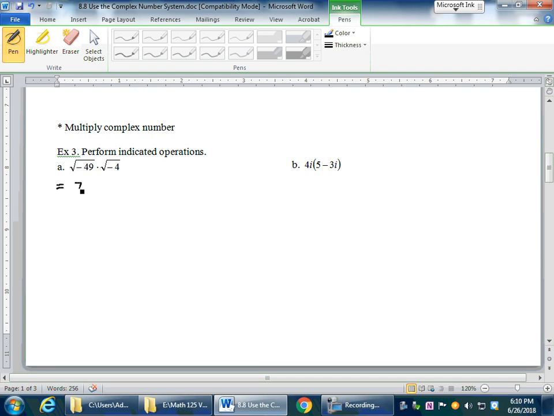This becomes 7i times 2i. Multiplying these two complex numbers gives 14i to the second power. According to the property, i to the second power is equal to negative 1, so it'll be 14 times negative 1. So my final answer is negative 14.